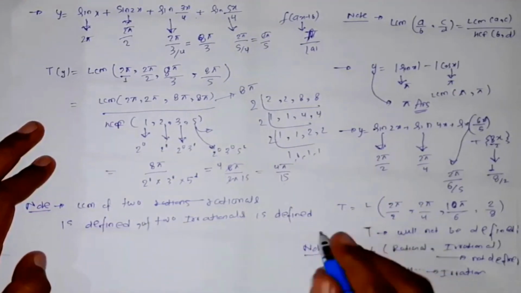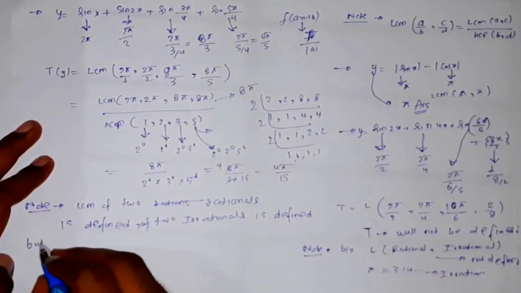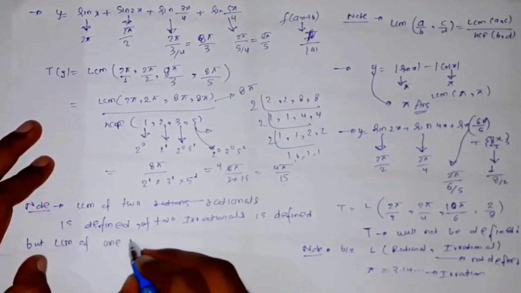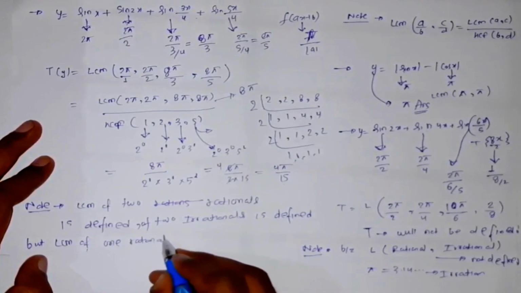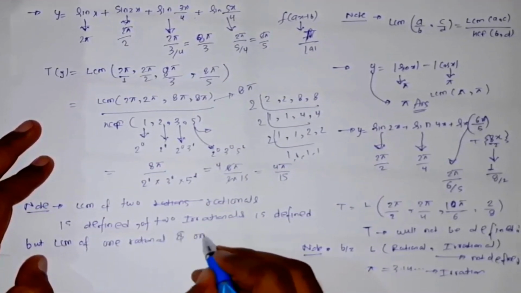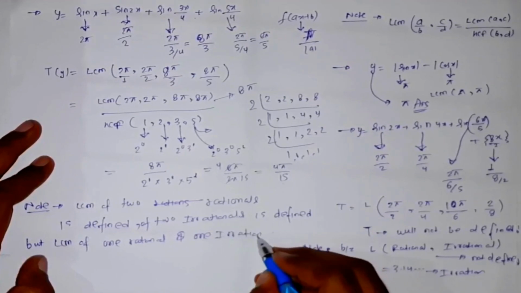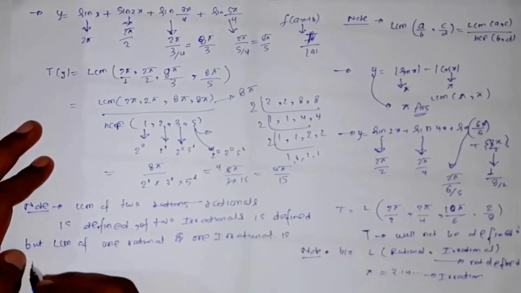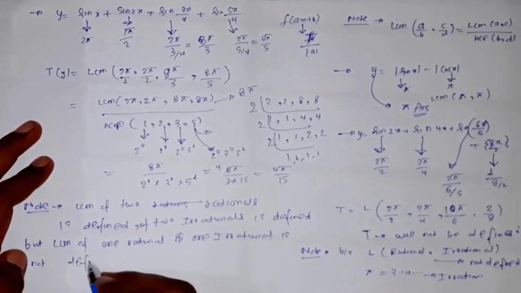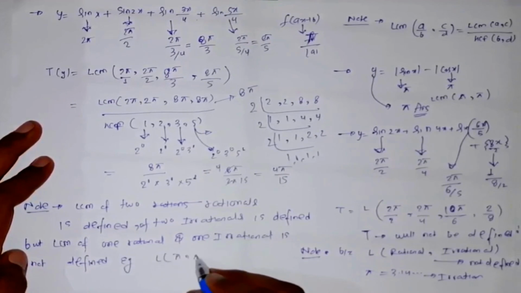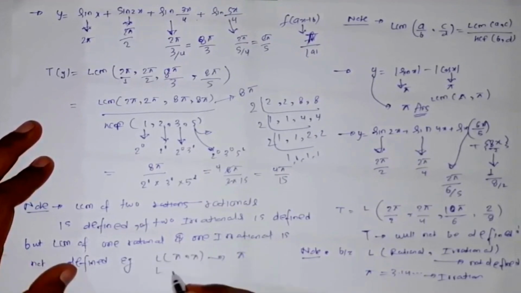But LCM of one rational and one irrational is not defined. Example, L of pi comma pi is pi, where L is the LCM. L of pi comma 3 is not defined.